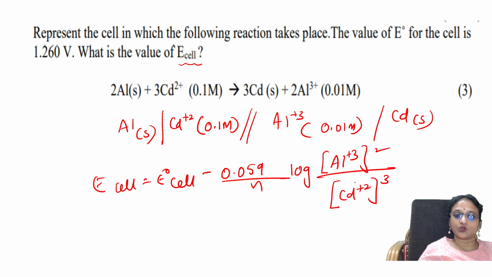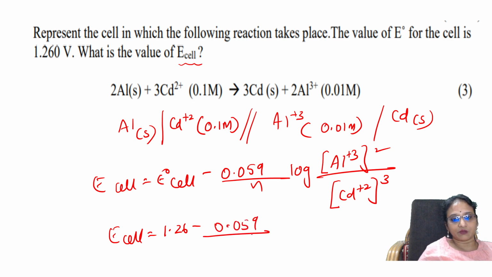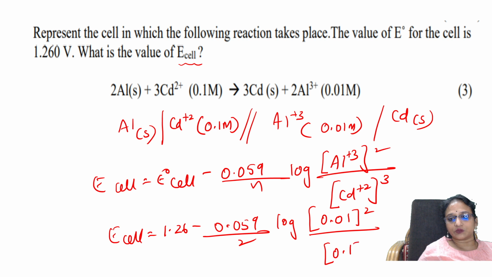You should always write the coefficients. Don't forget that. So E cell is equal to 1.26 minus 0.059 by 6 electrons log 0.01 square by 0.1 cube.